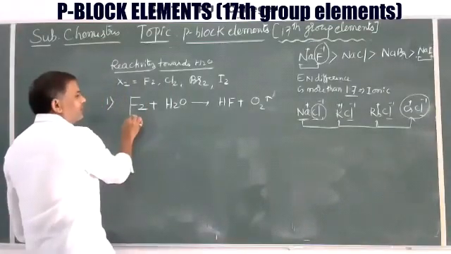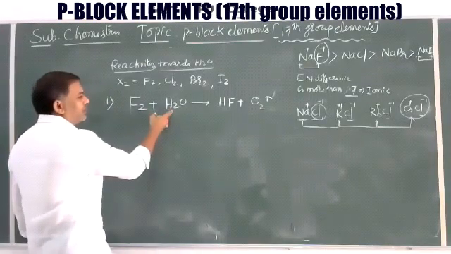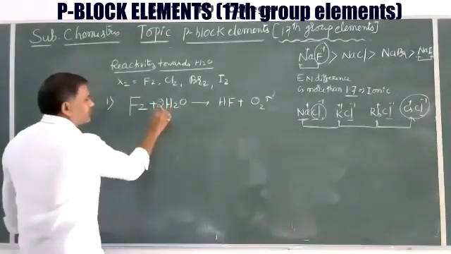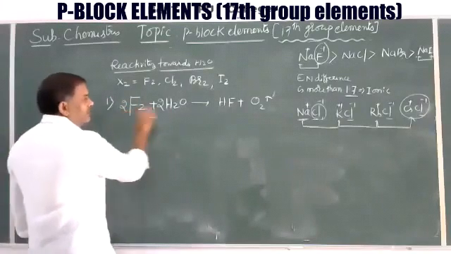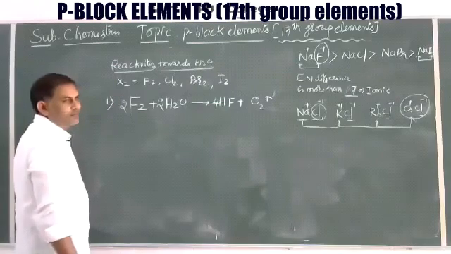Now here we take F2 and H2O, then it gives HF and oxygen gas. 2 oxygen atoms are required, that's why it is multiplied with 2. Then here take 2 moles, and here we will get 4 HF. It is balanced.